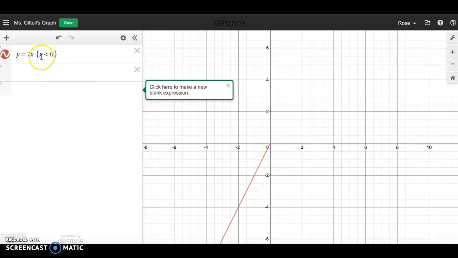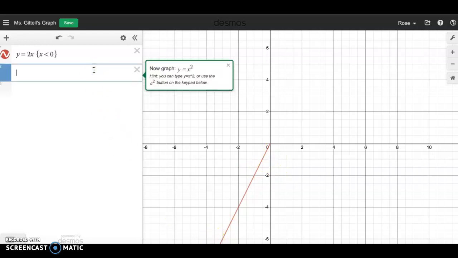Because we're restricting the domain is x values, you can see if you look along the x-axis, that's the only thing we really want to focus on for the domain. So you can see the function now only exists for x values that are less than this 0 on the x-axis.